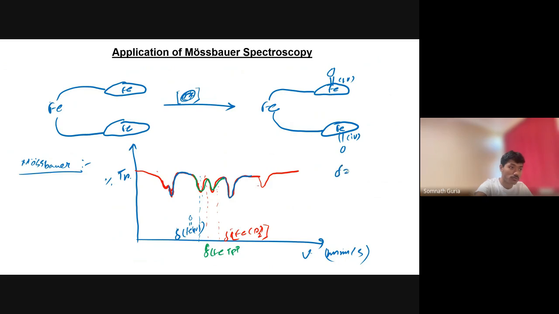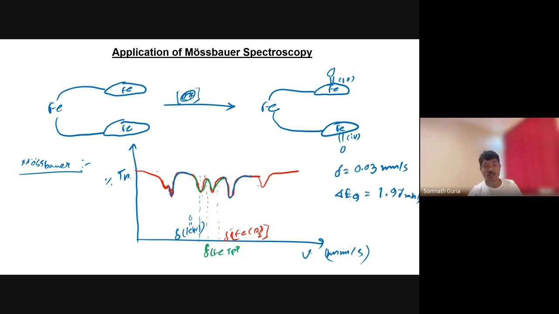The delta value for this iron oxo species is around 0.03 millimeter per second, and the delta EQ value is 1.97 millimeter per second.